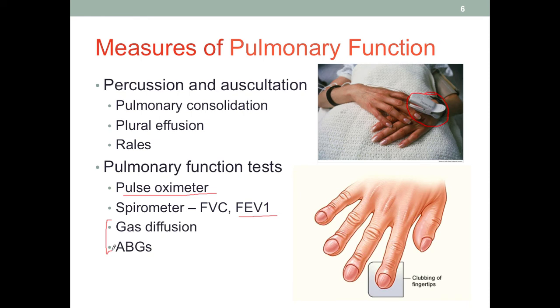So we have ABG, that stands for arterial blood gas, because we want to know about the oxygenation status of the blood. So in this case, it makes sense to be taking arterial blood. We want to be using that rather than blood from the veins.